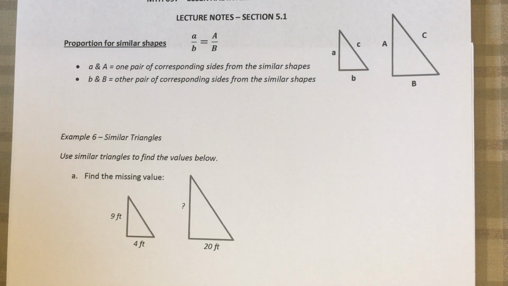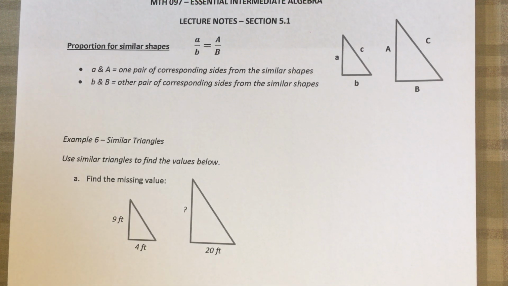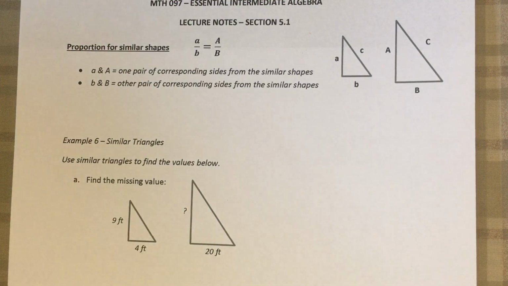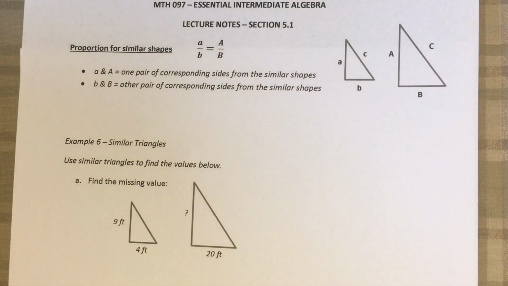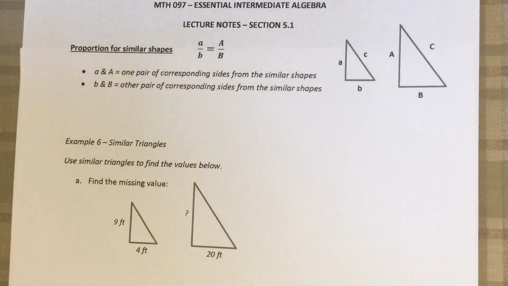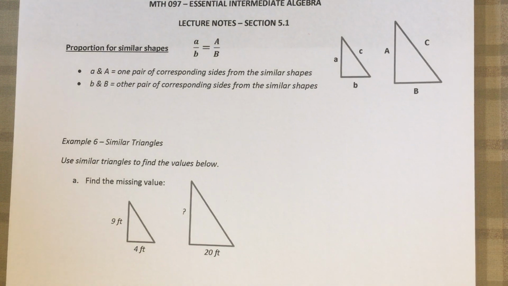So our proportion that we're going to set up is going to be using our a over b equals capital A over capital B. When you're setting up proportions, there are a couple of different ways that you can set up these proportions. We're just going to use this way. There are alternate ways of explaining it, but we're just going to stick with comparing our ratio of our little triangle to that of our larger triangle.